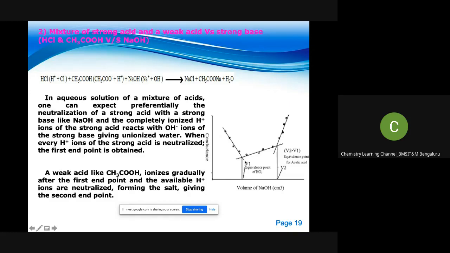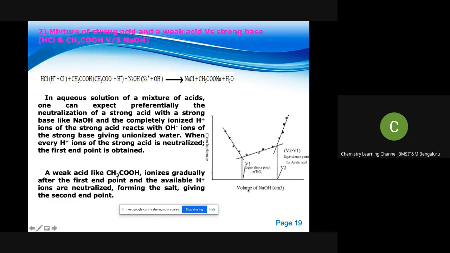Once acetic acid is also completely neutralized, we are still adding NaOH until we get back the first reading. So we are introducing excess of OH minus ions. As the number of OH minus ions increases in the solution, its conductivity value will also go on increasing. So here V1 is the volume of the NaOH required to neutralize HCl. V2 minus V1 is the volume of the NaOH required to neutralize acetic acid.